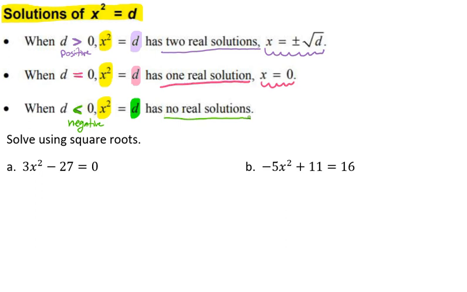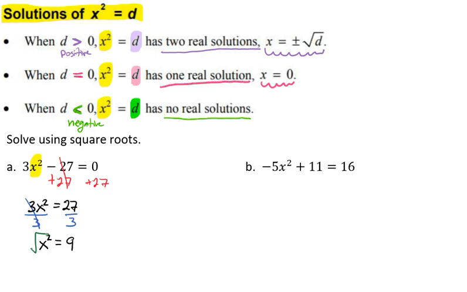Here we have 3x squared minus 27 equals 0. So here's our x squared. So we're going to begin by adding 27 to both sides, which is going to give us 3x squared equals 27. Then we'll divide both sides by 3 to get the x squared by itself.